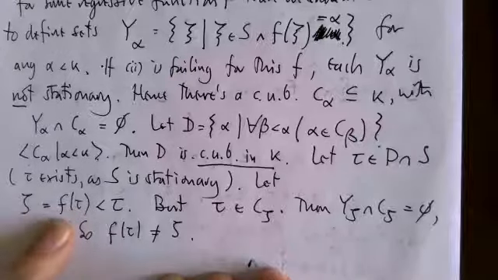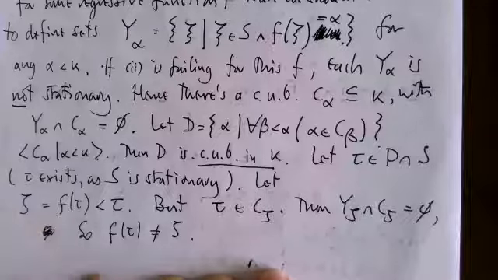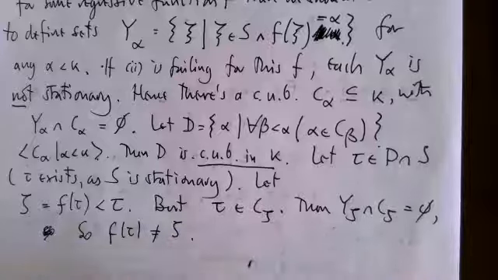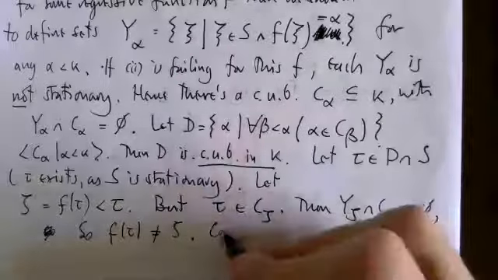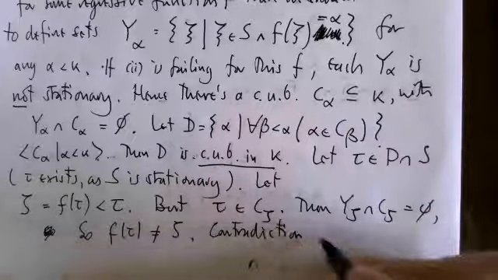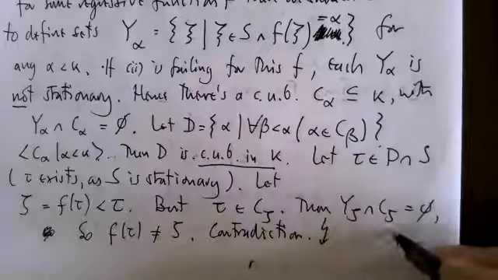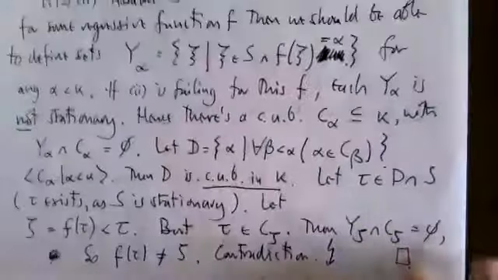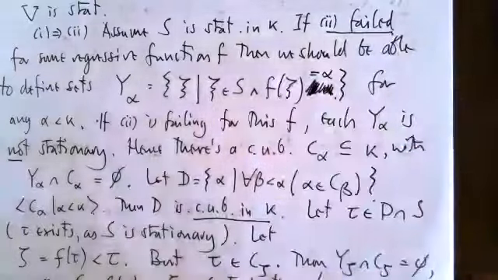We named f of tau here as this zeta, but in fact, we deduce that it's not this zeta because of this diagonal intersection property. So this is a contradiction. So our supposition that 2 failed here was wrong. 2 must hold.